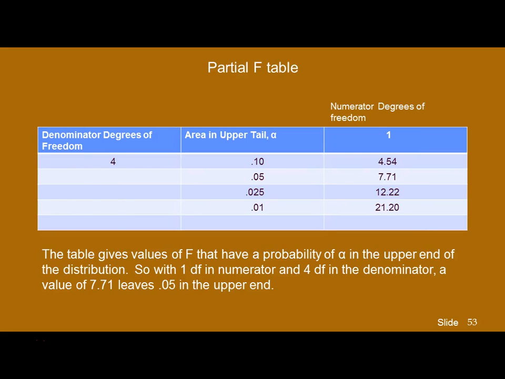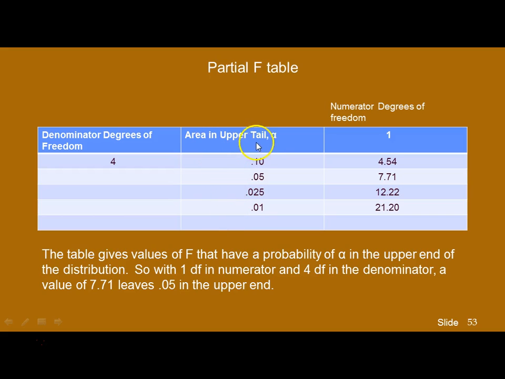Here's just a very small portion of the F table that is very likely in the back of whatever textbook you're using. You look up degrees of freedom in the numerator and degrees of freedom in the denominator. So I just gave you the ones for the particular problem that we are doing now. We have 1 degree of freedom in the numerator and 4 in the denominator. You're just given a few limited probabilities that you can look up as your alpha level.